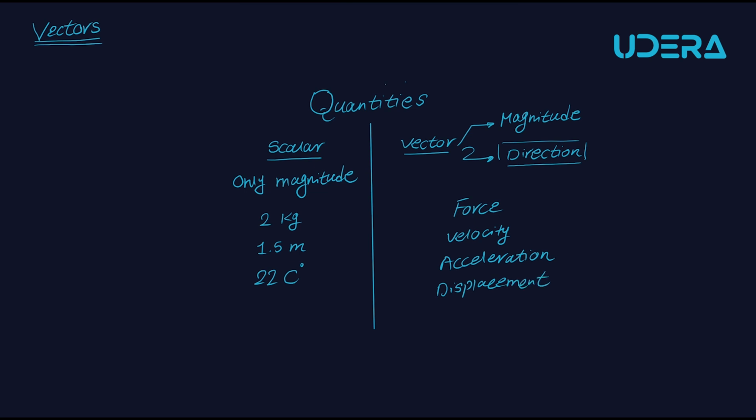Since we focus on statics during these tutorials, the main vector quantity will be force. Velocity, acceleration, and displacement are studied in the other branch of physics under dynamics, or more specifically, kinematics.